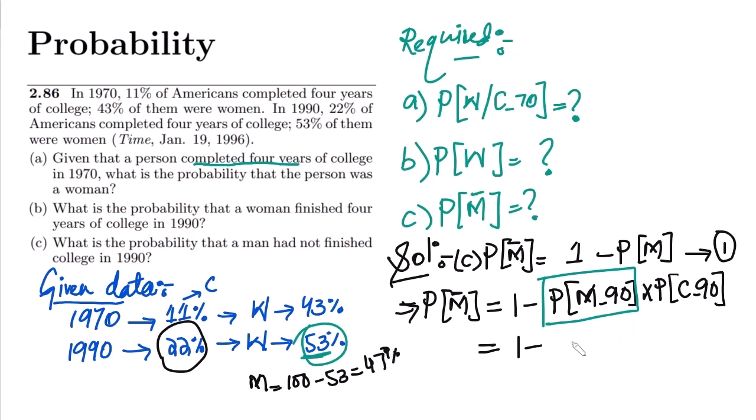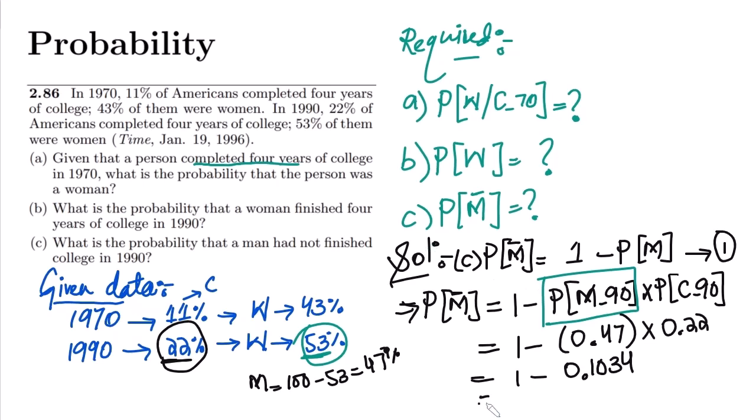Okay, so that would be 0.47. Okay, and multiplying it with the probability of passing in 1990, that is basically 0.22. Okay, because this is 22% and this would be 0.22. So now this would be 1 minus 0.47 multiplied by 0.22, so the answer of its multiplication would be 0.1034.